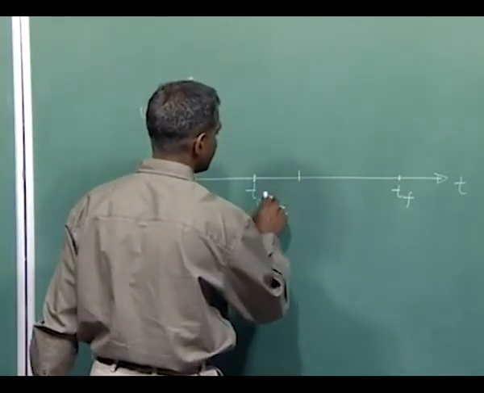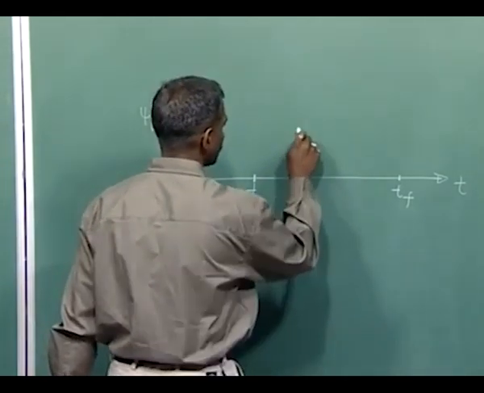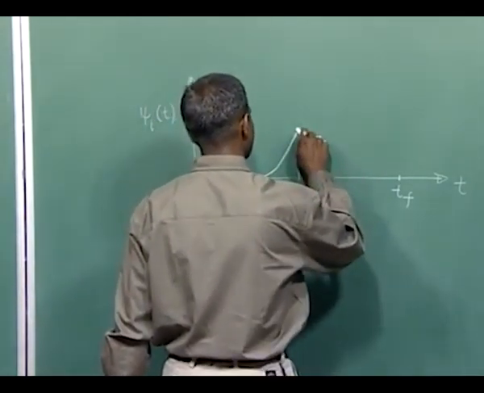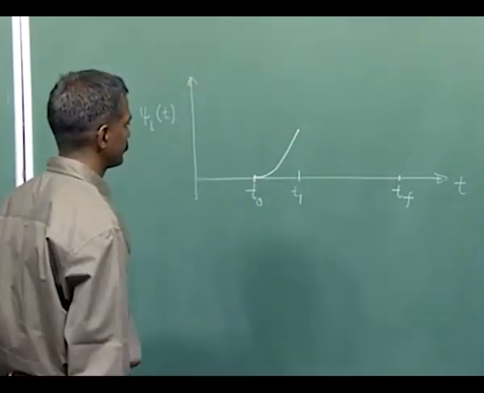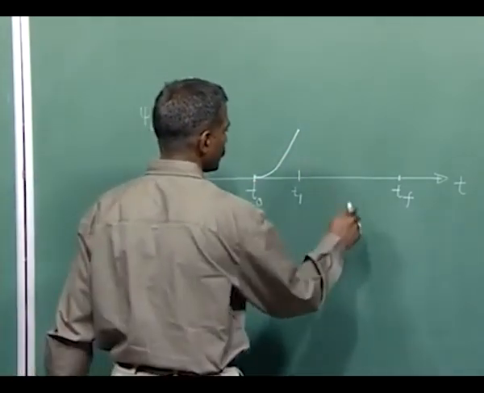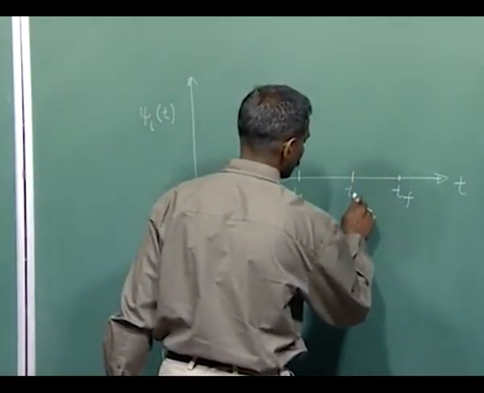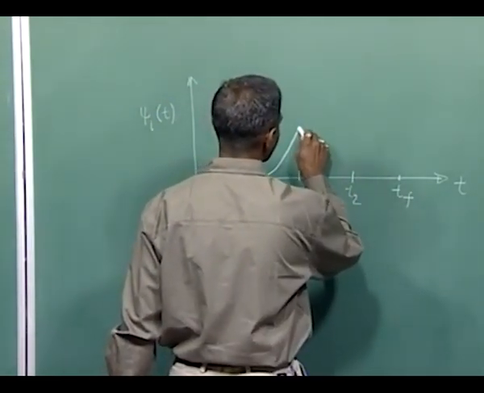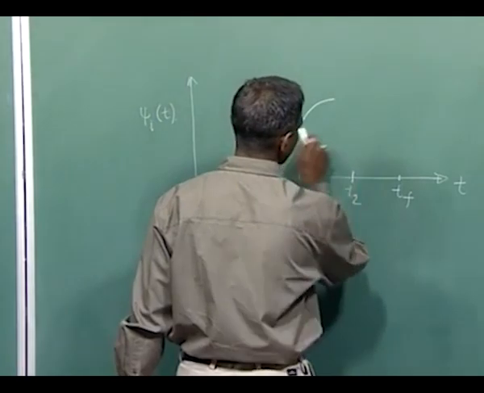Let's say in between T0 and T1, I construct this segment. In between T1 and say T2, I construct another segment.